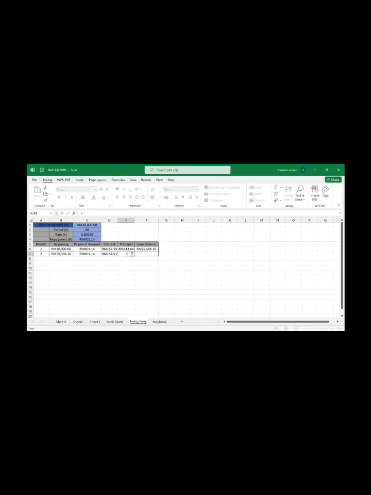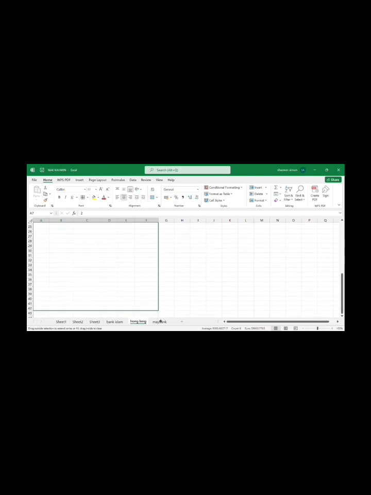For the next principal is C7 minus D7. We got 416.22, and then for the loan balance B7 minus E7, and then we got that. And then we select all of the elements and then drag until the bottom of the n month.